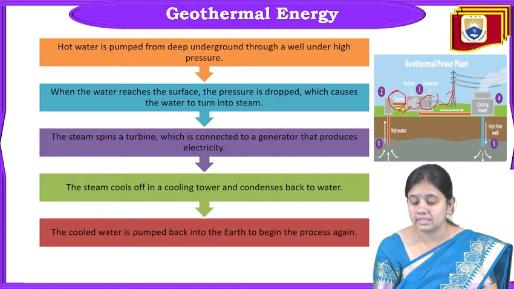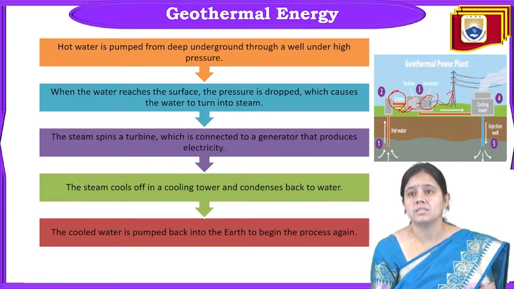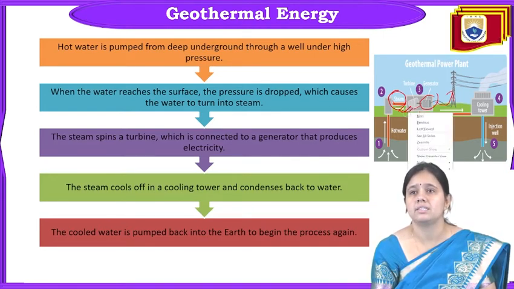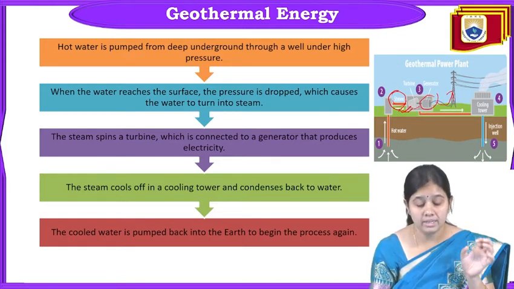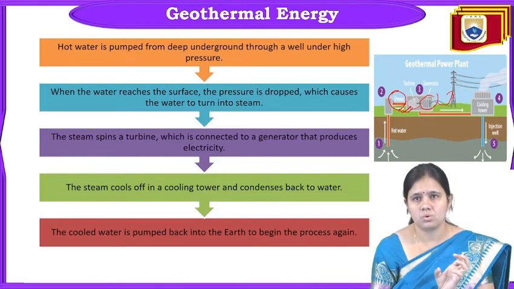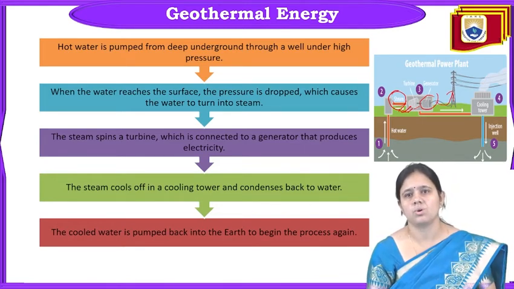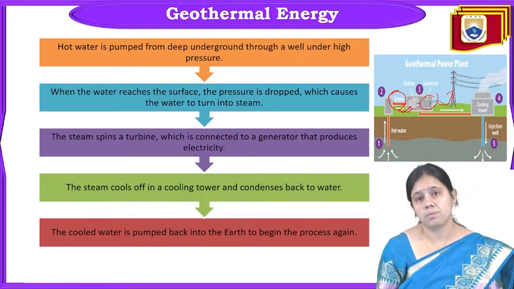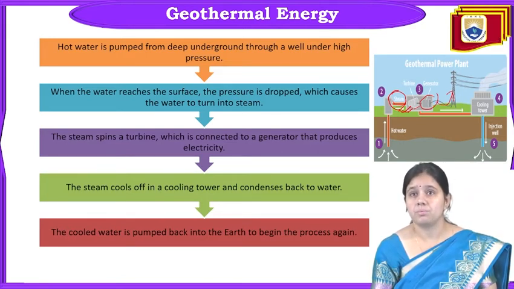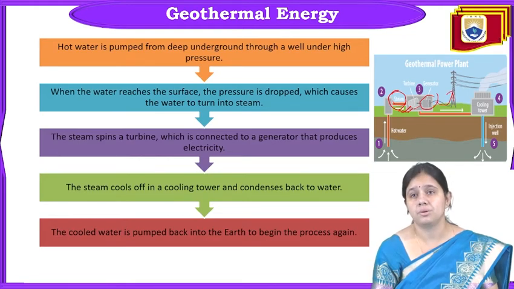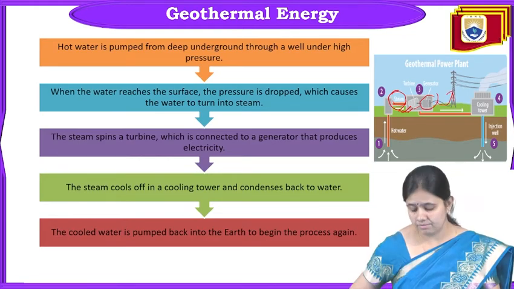You can see that there is a generator, and that generator will produce electricity. The steam cools off in a cooling tower and condenses back to water, and the cooled water is pumped back into the earth to begin the process again. Through this process, geothermal energy is produced, and it is a very good source of alternative energy.